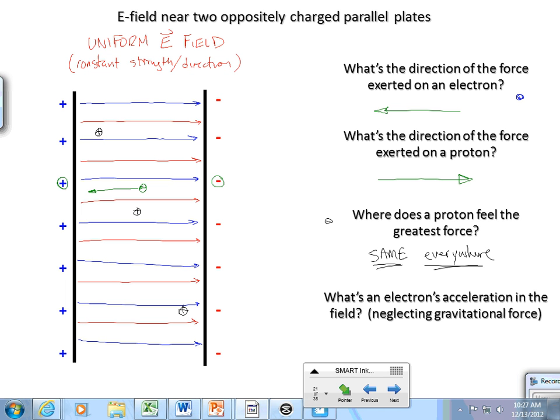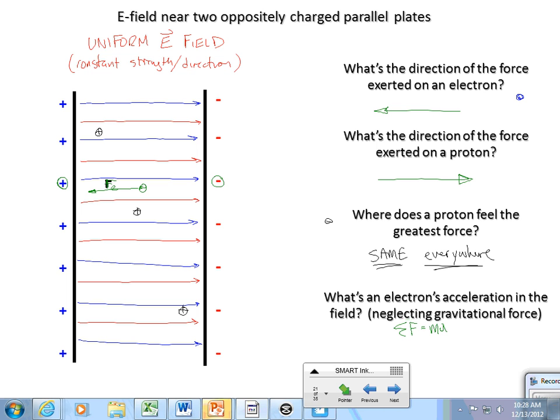Now, an electron's acceleration in this field. Well, here's the force exerted on that electron. And we could say that that force is QE, or really e times E. Well, that force is also equal to, that's the net force on it. So I should really do this. How about I say that the net force acting on it has to be ma, right?